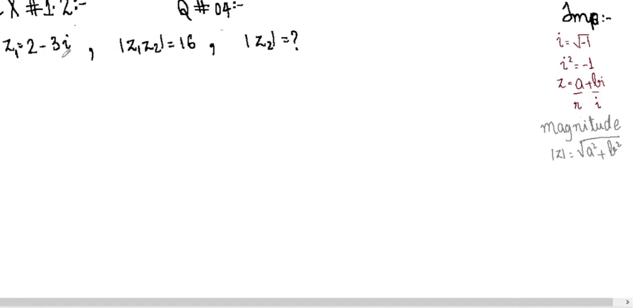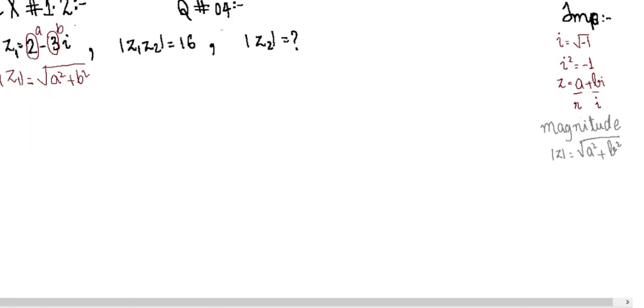Now here we can see that we are given some information and we have to find the magnitude of z2. For this, first of all we are going to find the magnitude of z1. The magnitude of z1 will be equal to under root a square plus b square. Now what is a over here? This is going to be a and this is going to be b.